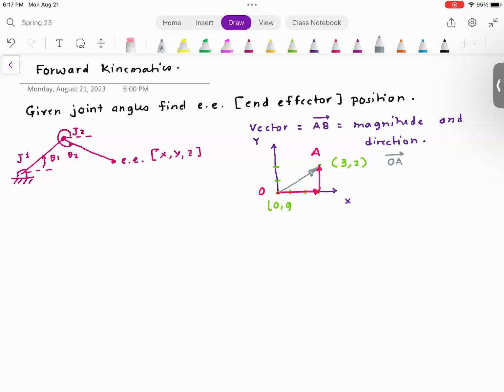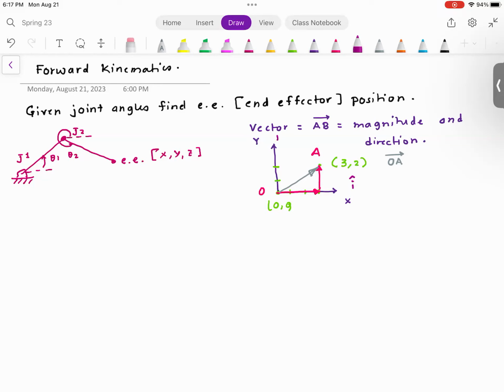Now, at this point, I want to clarify a few important things. To go from point O to point A, this is common knowledge that we studied in high school. But understand, I'm going to say that I need to go 3 units in x direction, and I'm going to indicate that with i.